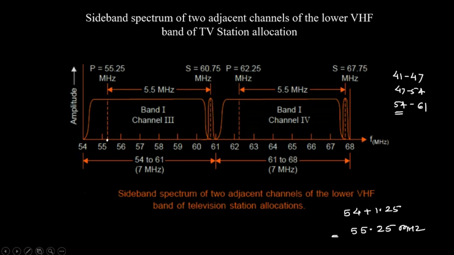Once I understand my picture carrier, I add 5.5 to it, so this becomes 60.75. Here your sound carrier has a 0.25 guard band between both channels, so at 61 the second channel will start. Add 1.25 again to 61 for your picture carrier, and add 5.5 to that.